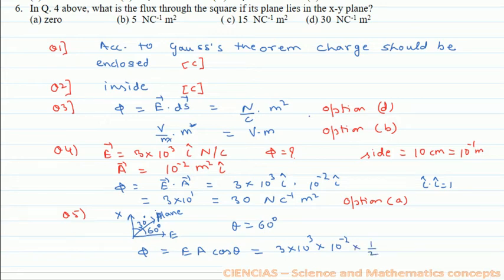Cos 60 is half. On solving this we get 15 Newton per coulomb meter square. So in the question, option D, 15 Newton per coulomb meter square, is the correct option.